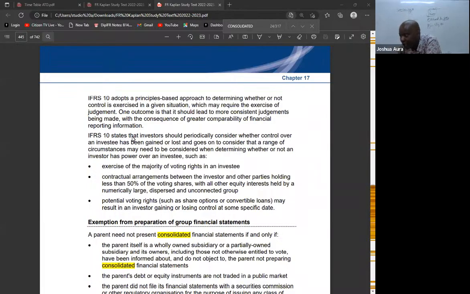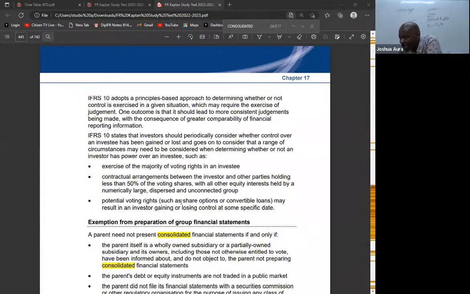IFRS 10 states that investors should periodically consider whether control over an investee has been gained or lost, and goes on to consider that a range of circumstances may need to be considered when determining whether or not an investor has power over an investee, such as exercise of the majority of voting rights in the investee, contractual arrangements between investor and other parties holding less than 50% of the voting shares, with all other equity interests held by a numerically large, dispersed, and unconnected group.